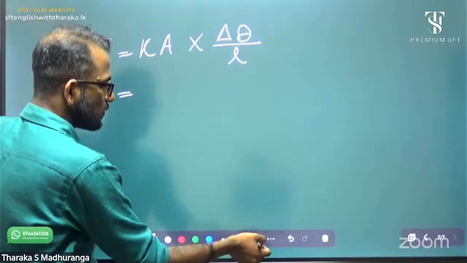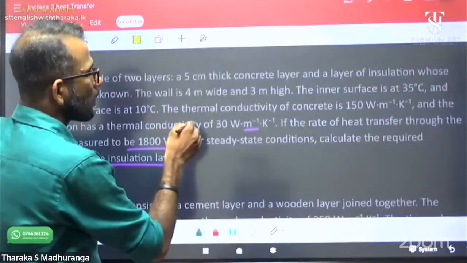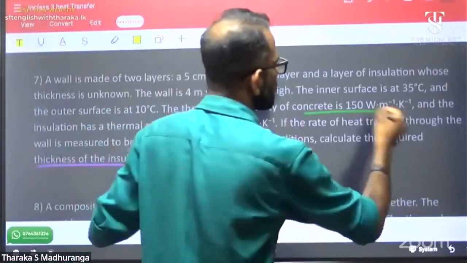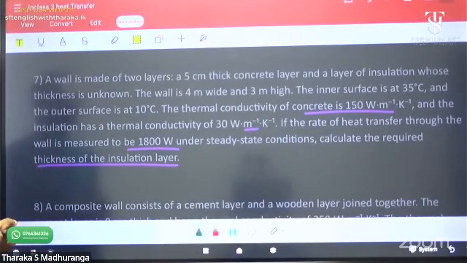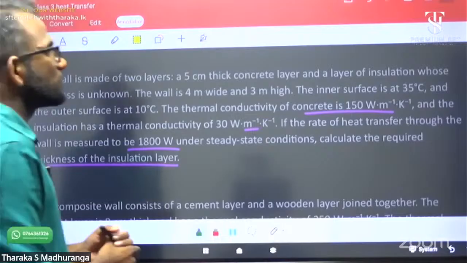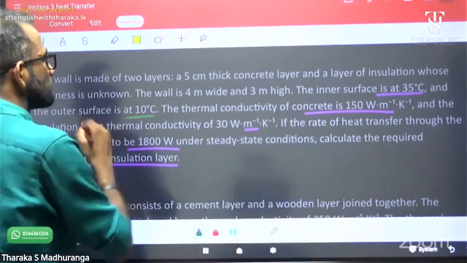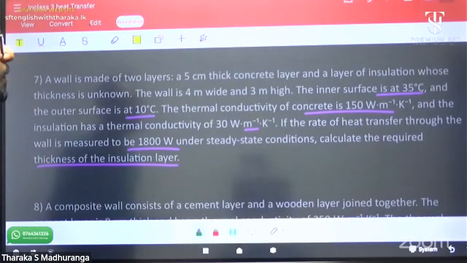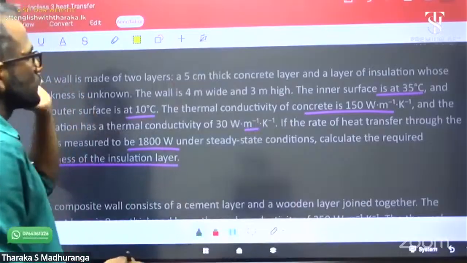Okay, let's substitute first for concrete. Concrete 150. Inner surface 35 Celsius and outer surface 10 Celsius.